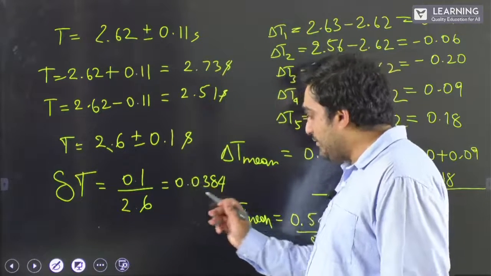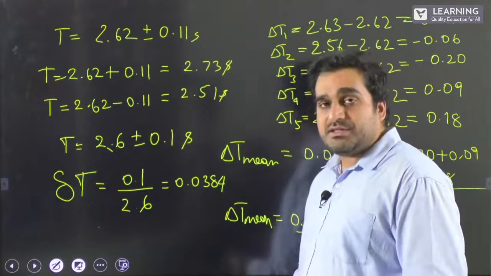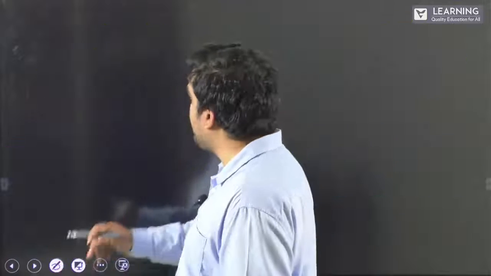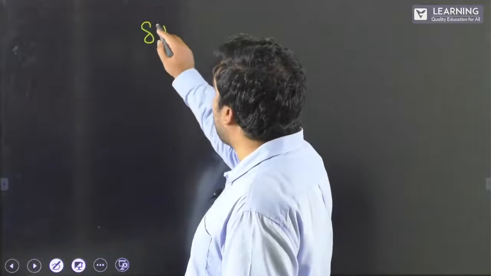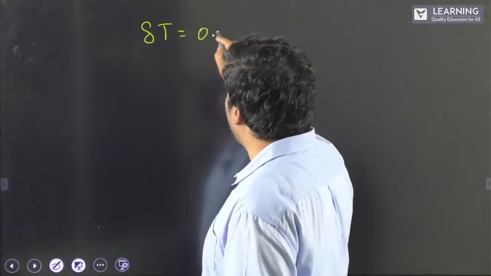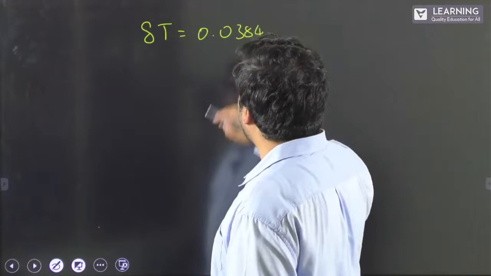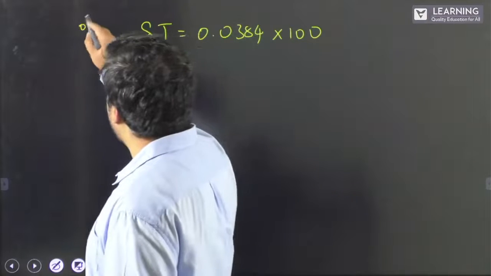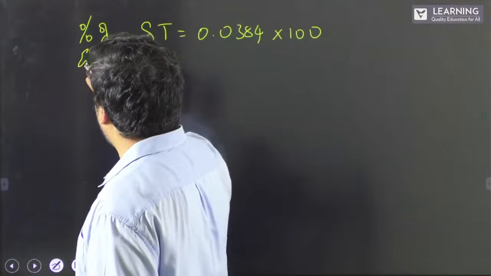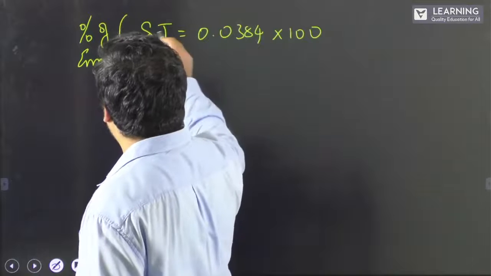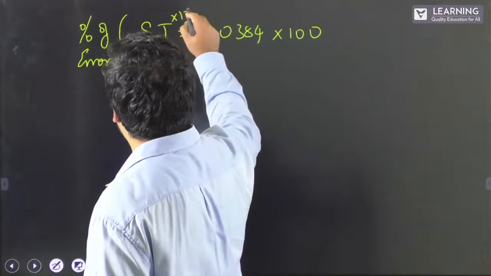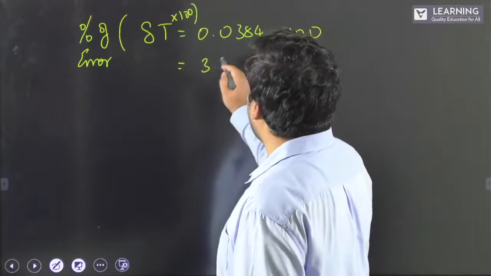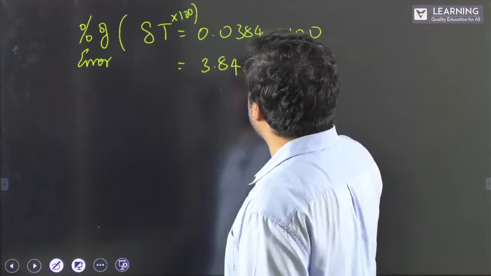Now this is the relative error. To find the percentage, you multiply it by 100. So relative error, which is delta t, equals 0.0384 multiplied by 100, which gives 3.84%.